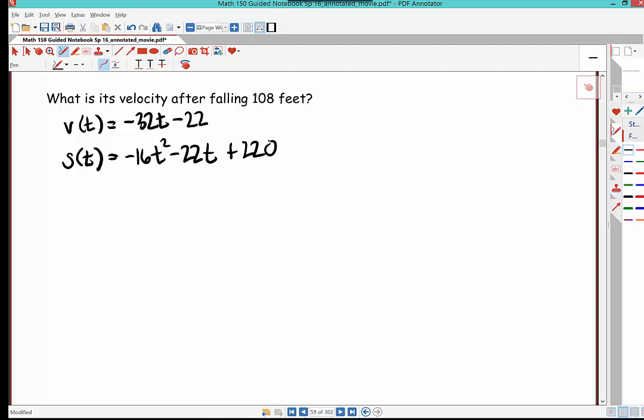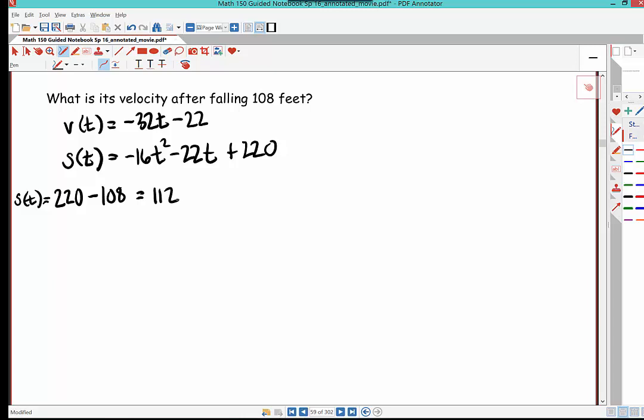Now, after we fall 108 feet, what do you think is going to happen? Where are we going to be? Well, let's check it out. 220 minus 108 is going to be our s at t, which is equal to 112.